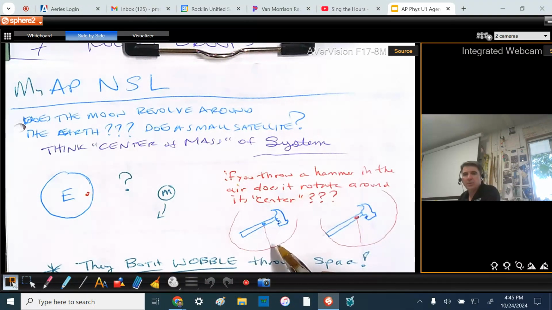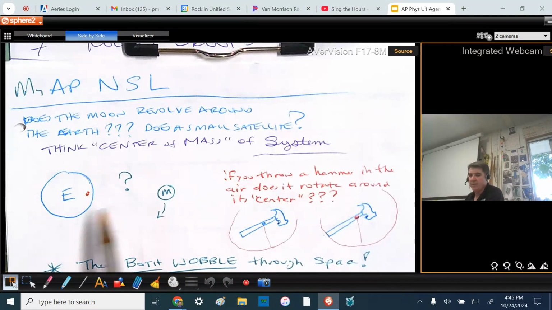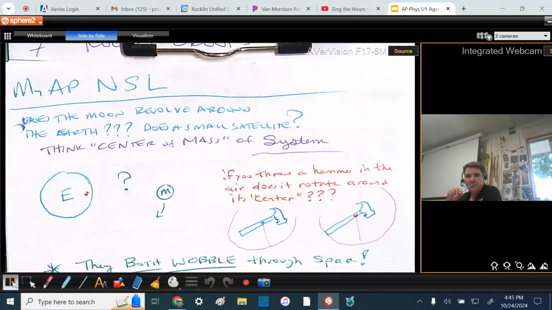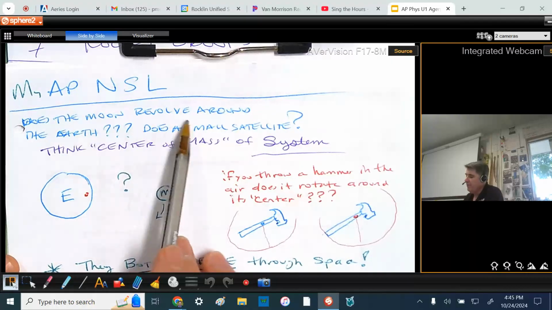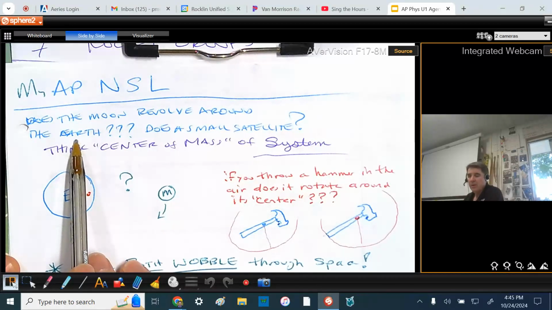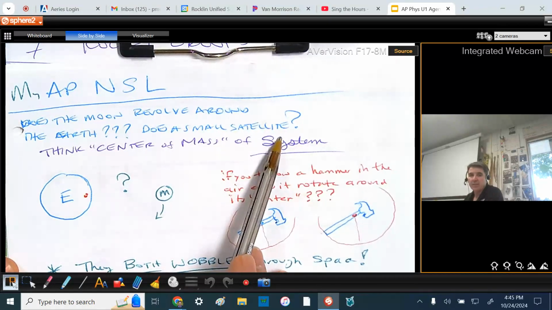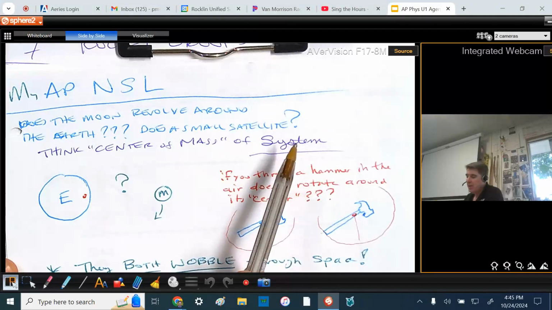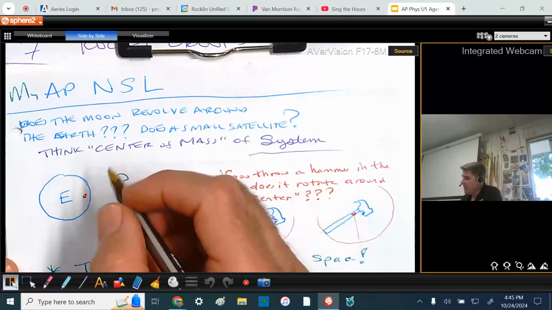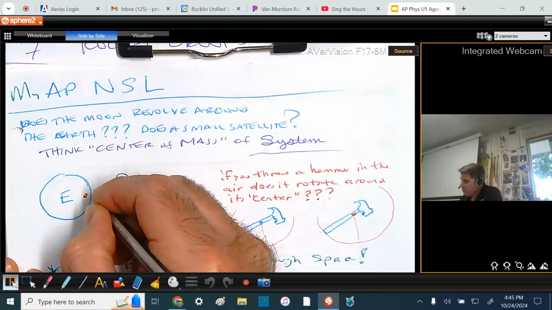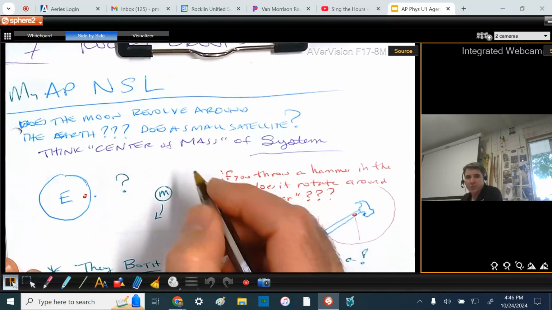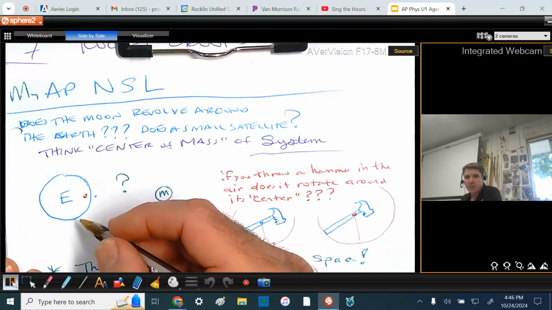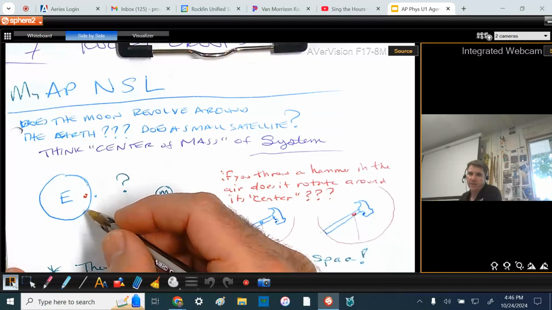So the truth of the matter is, when you have any two masses, for instance, a small satellite, it says, "Does the moon revolve around the Earth?" And then it says, "Does a small satellite revolve around the Earth?" If you have a very small satellite, something super light, maybe this far away, the Earth is 6 times 10 to the 24th kilograms.